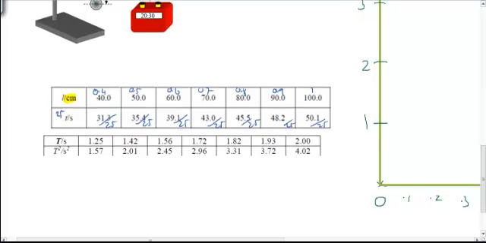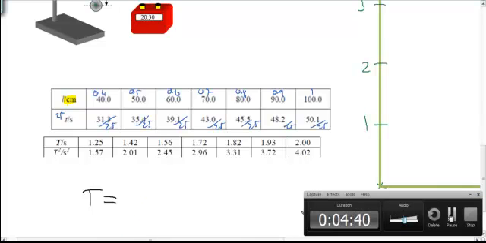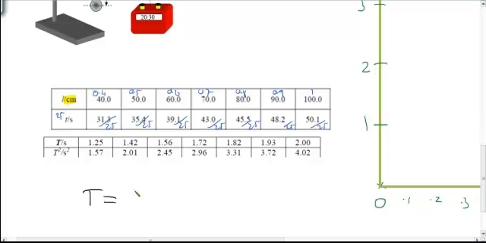Now, here's where you should look at the equation for the period of oscillation of a pendulum. T is equal to 2 pi times the square root of L over g.